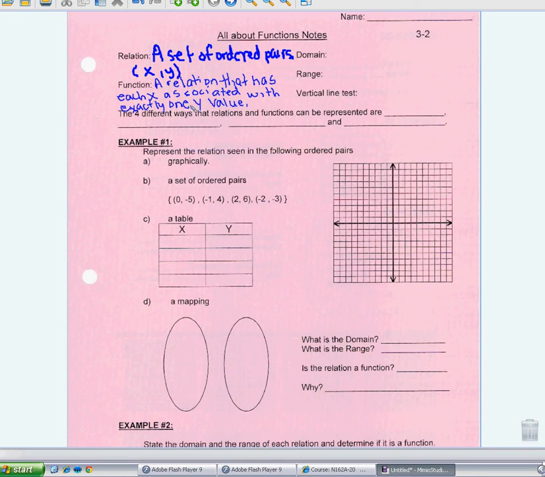Okay, so what that means is that every x has to have a y value, but only that x can have the same y value.